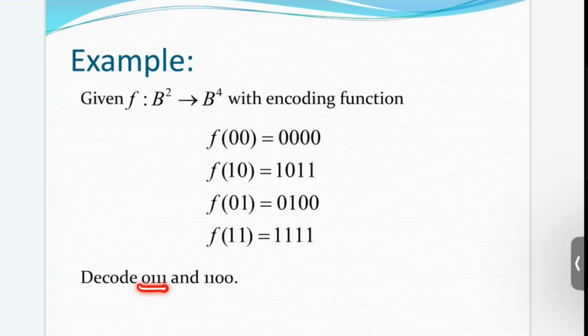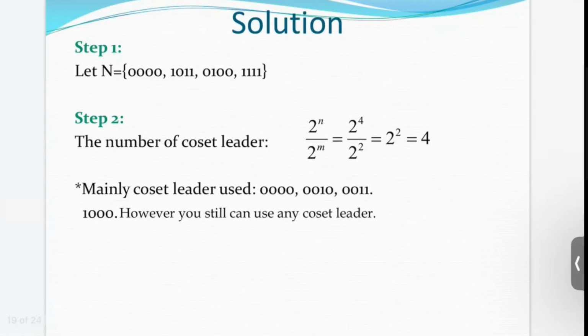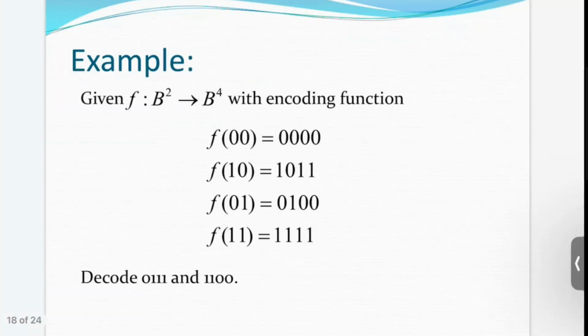Decode 0111 and 1100. First, this is your N. Your N is the values here: 0000, 1011, 0100, and 1111.